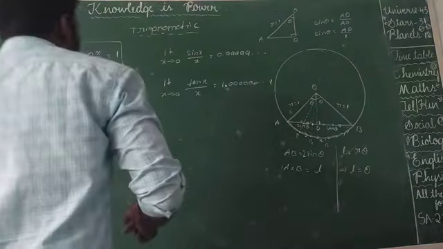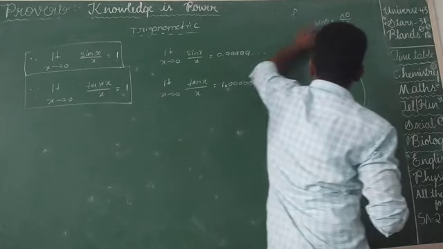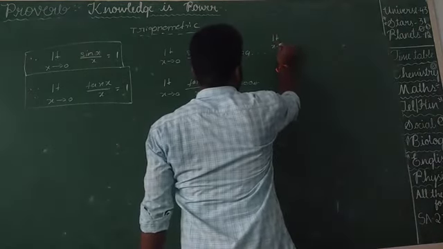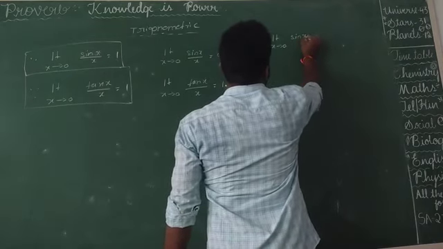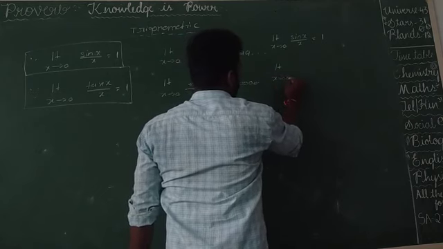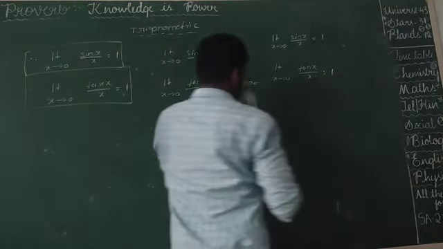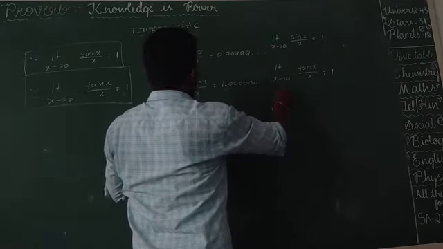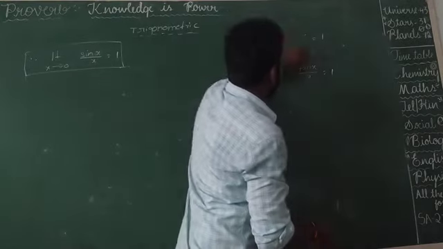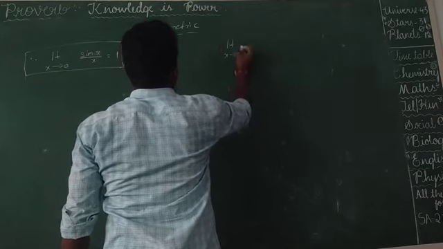Okay, so I can write these formulas here for next purpose. We are using limit x tends to 0, sin x by x is 1. Limit x tends to 0, tan x by x is 1.